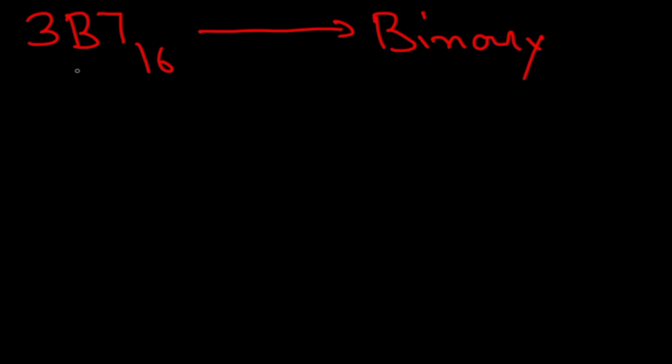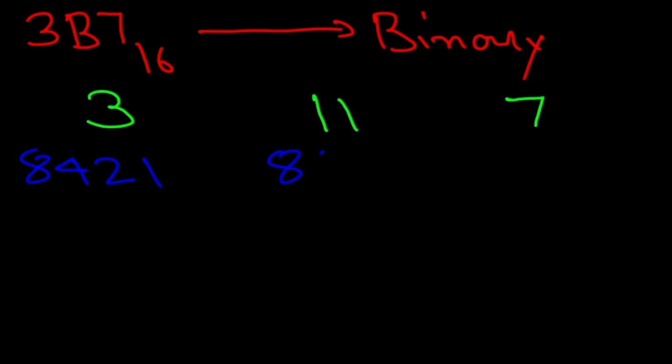So now we will write 3, 7, and for B we will write 11, because A is for 10, so B is for 11. Now we will write 8 4 2 1 for 3, another 8 4 2 1 for 11, another 8 4 2 1 for 7.